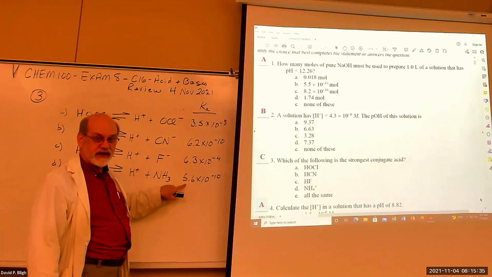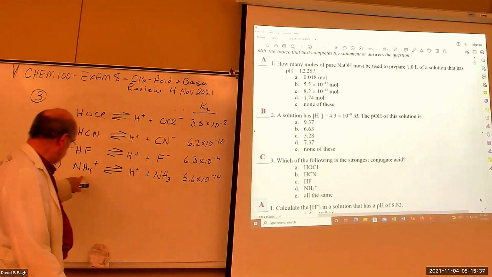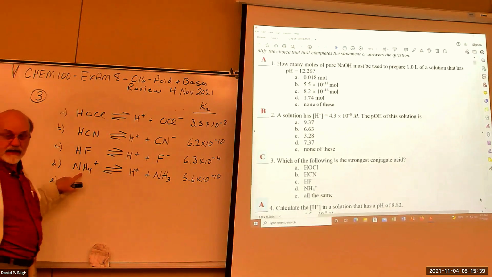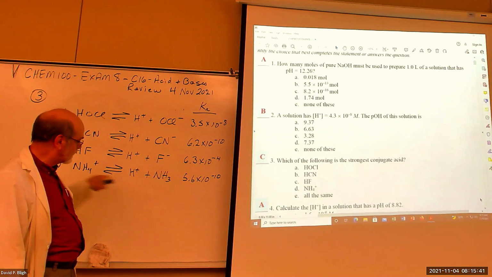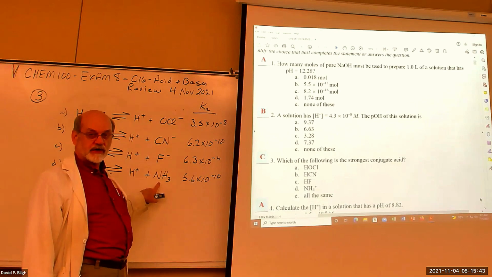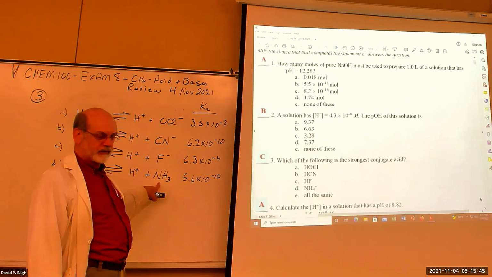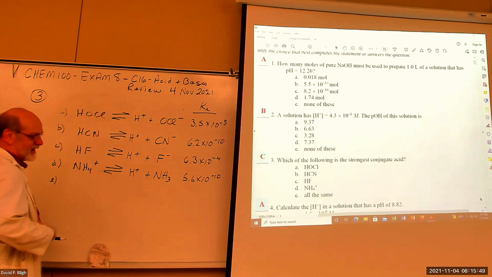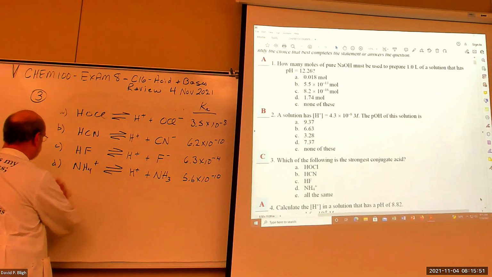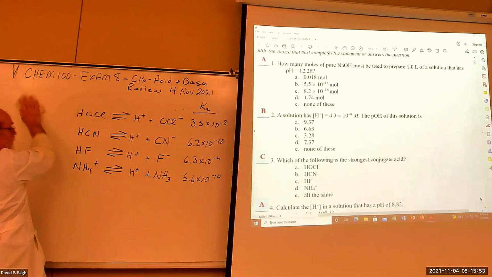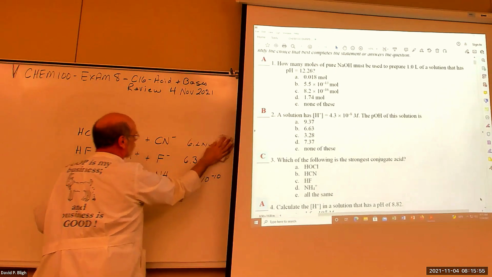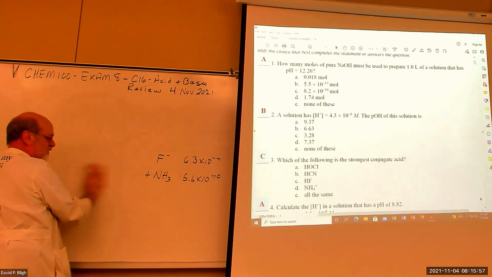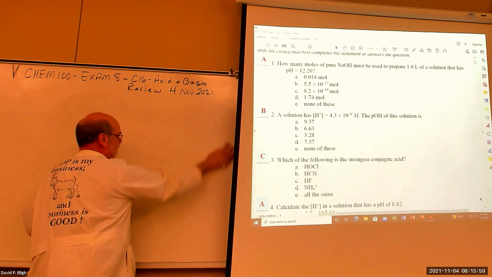So this is the weakest acid, NH4 plus. That makes NH3 the strongest conjugate base of this group. Okay? All right. That was 3, sort of. I added some information to that one so that we could solve it easily.